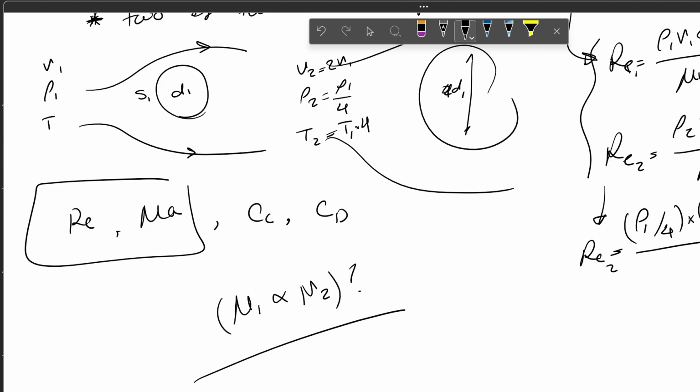Didn't we say that mu was a function of pressure and temperature? Yes, exactly. In the previous lecture, we specifically talked about the dependence of viscosity on temperature, and we did talk about Sutherland's law. It is an empirical equation that relates the temperature to the viscosity, and we can show that the viscosity is related to the square root of temperature.